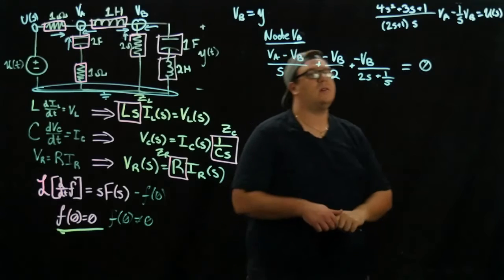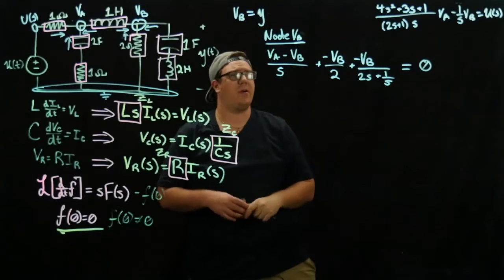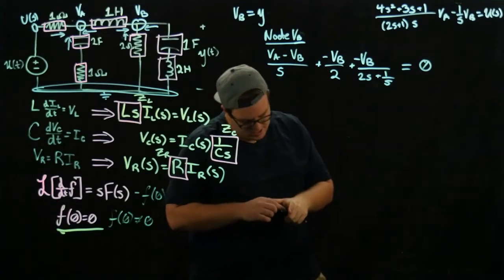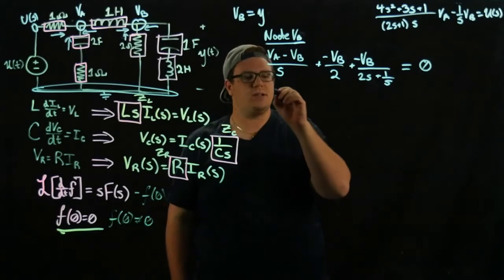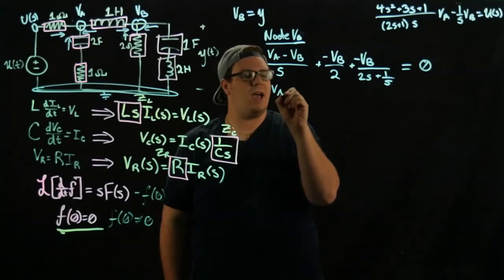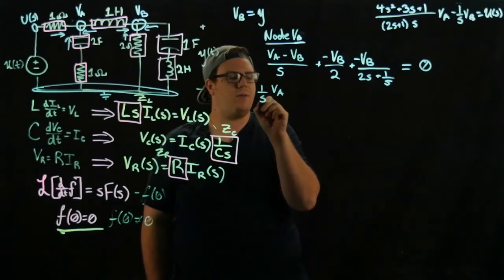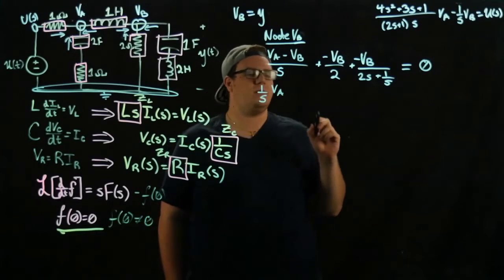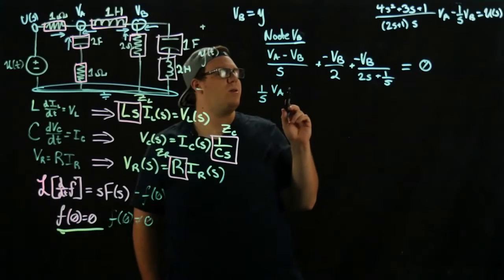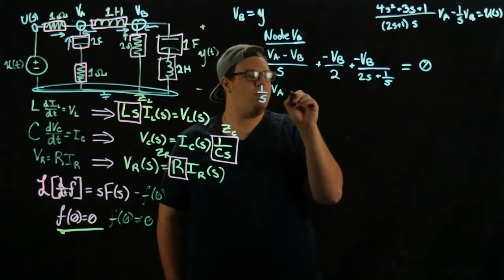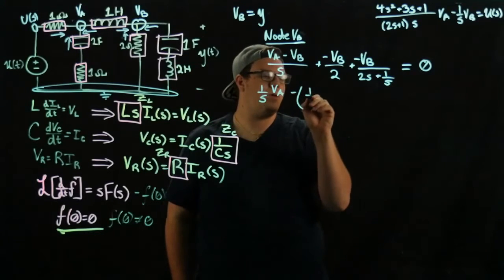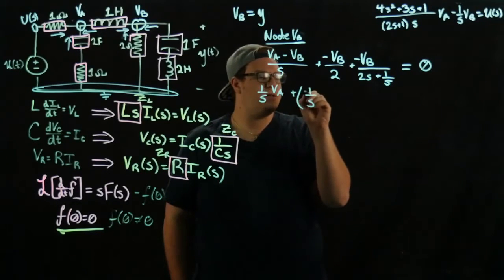All right. So now we're going to do the same thing that we did for up there. We're going to write this in a standard form to make it easier on us. So we're going to have VA. The only term on that is that we have a 1 over s. Convenient. And then right here we have minus 1 over s. I guess I'll write this as a plus.